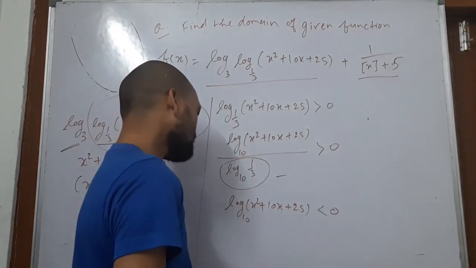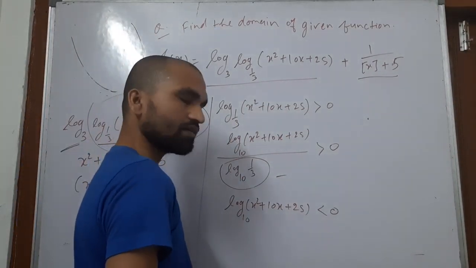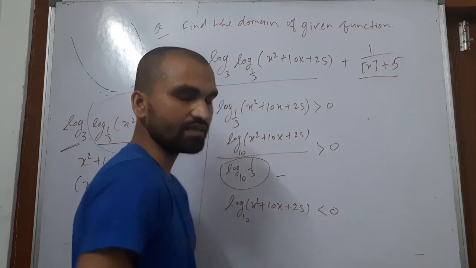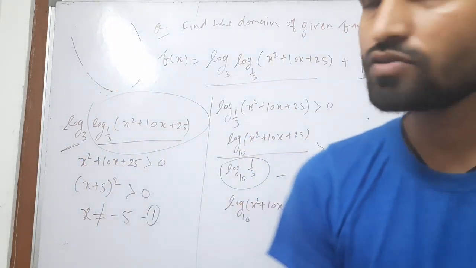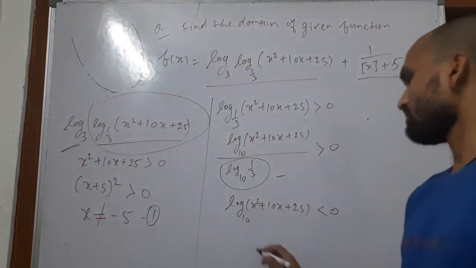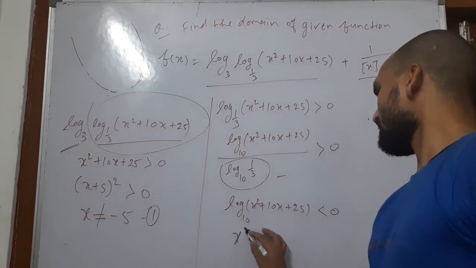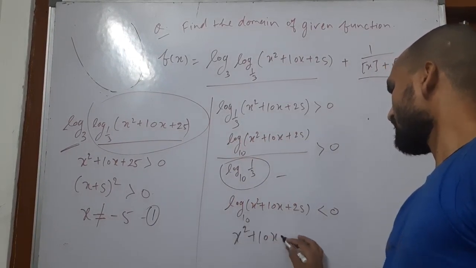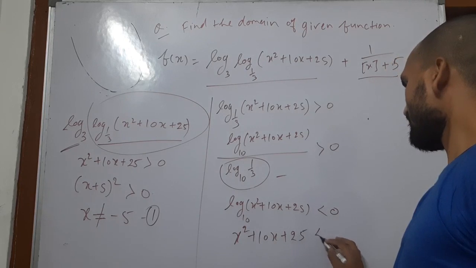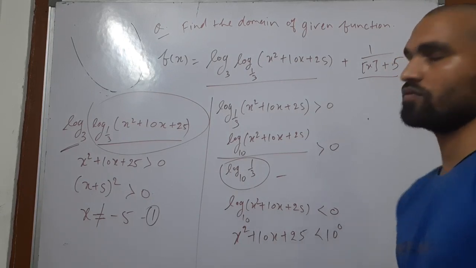So we know that now log at base 10 is always an increasing function. So for an increasing function we can convert: x square plus 10x plus 25 is less than 10 to the power 0.